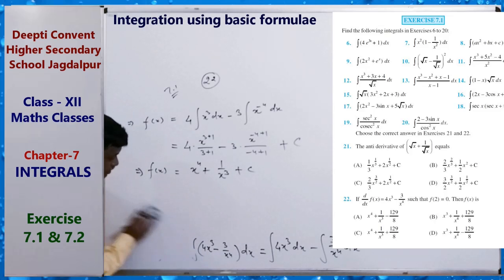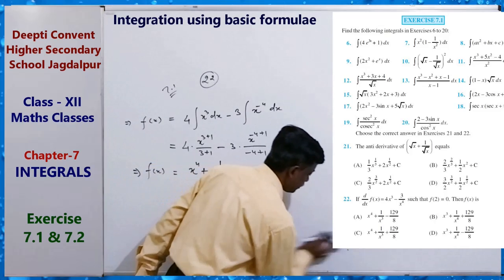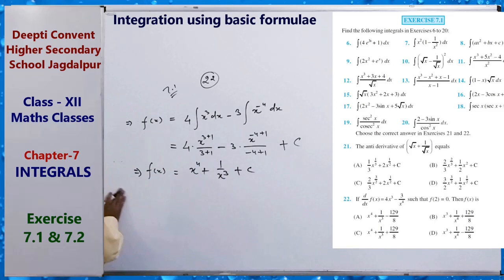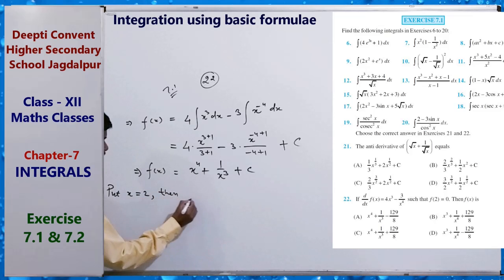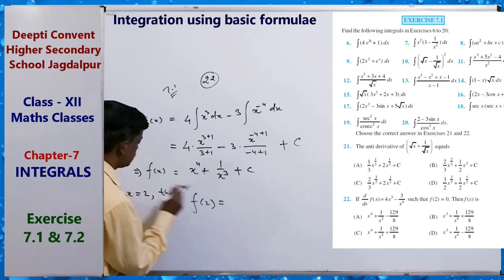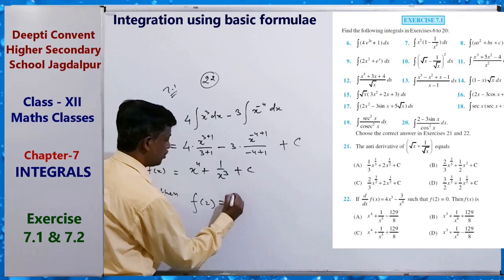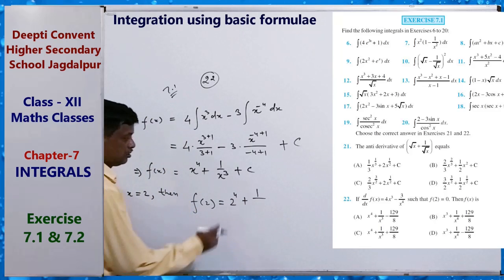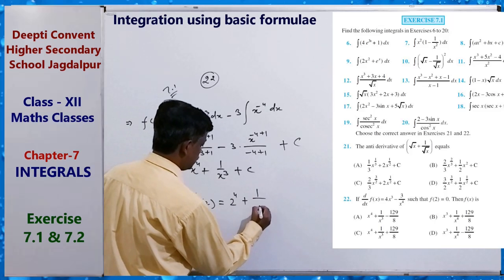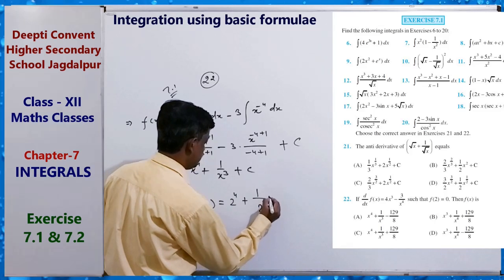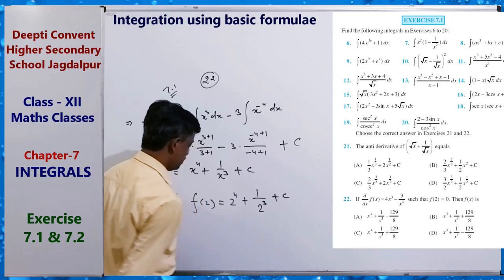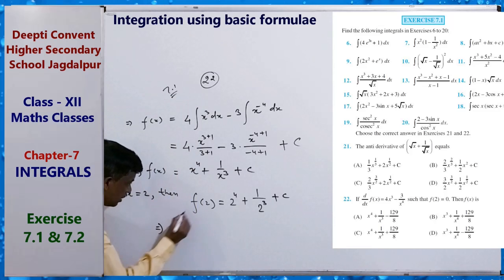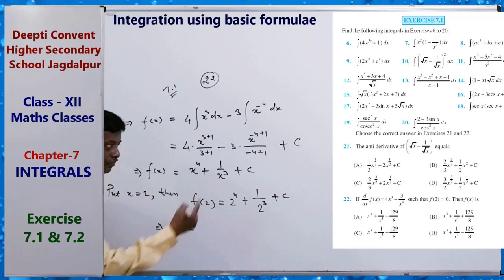Since here put x equals 2, then f(2) equals 2 power 4 plus 1 upon 2 power 3 plus c, and f(2) equals 0 is given.